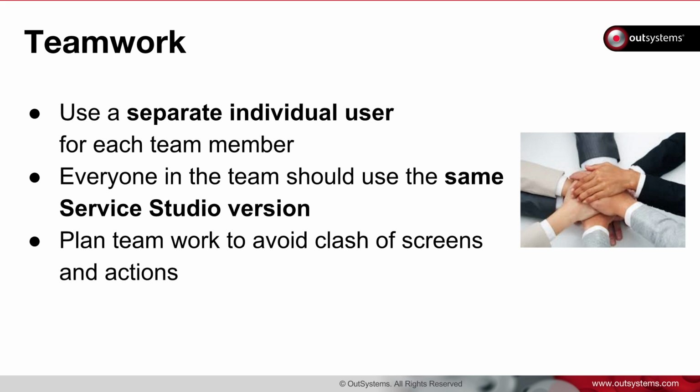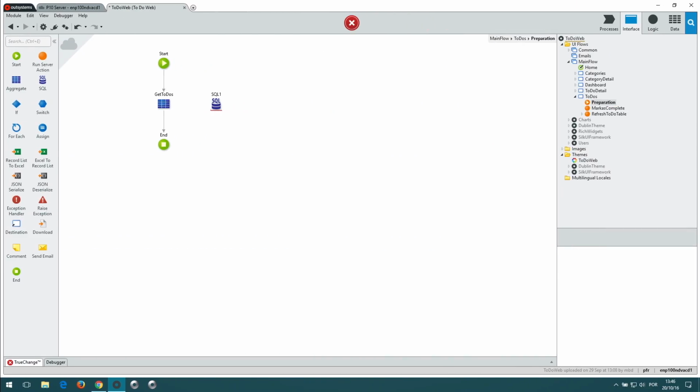Plan teamwork to avoid clash of screens and actions. Now, if we are going to publish, do a one-click publish, and somebody else is working on the same module, as you've seen, the merge window shows up.